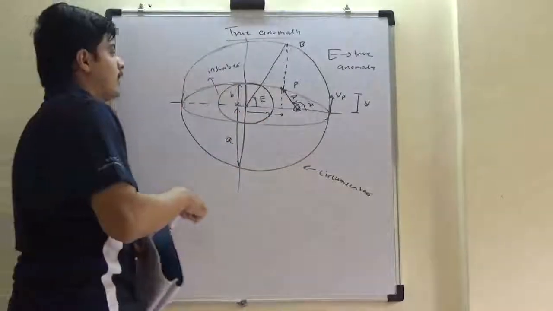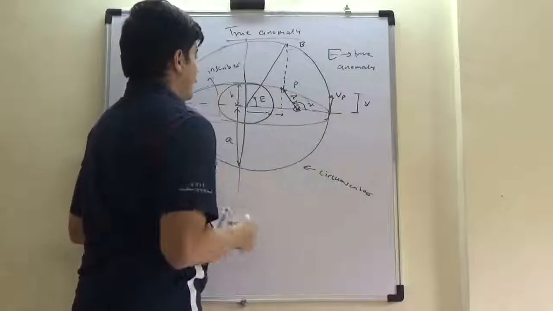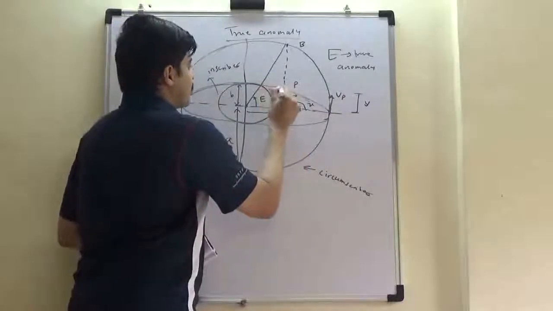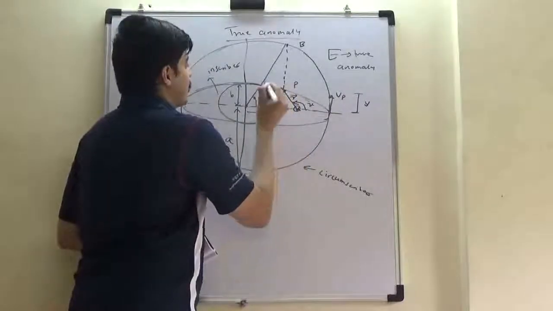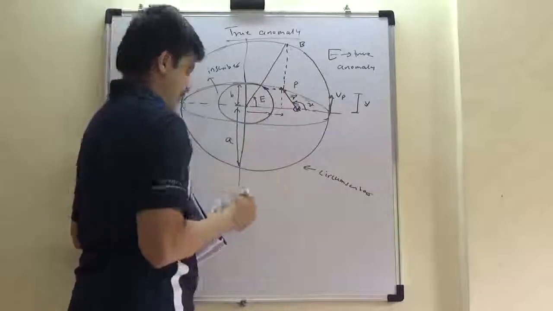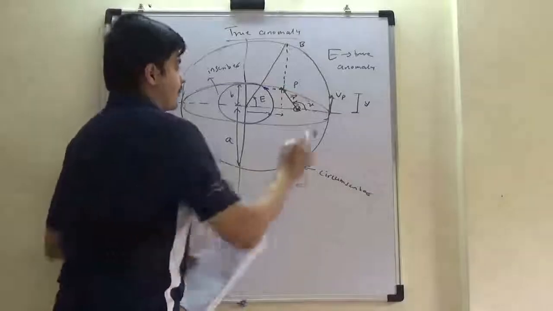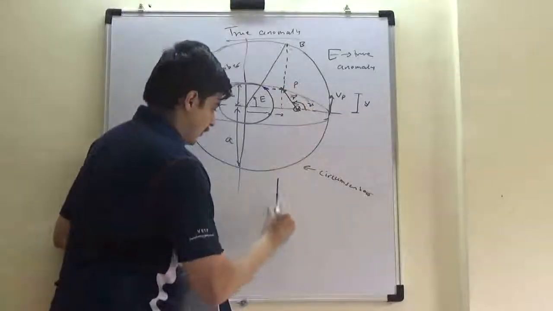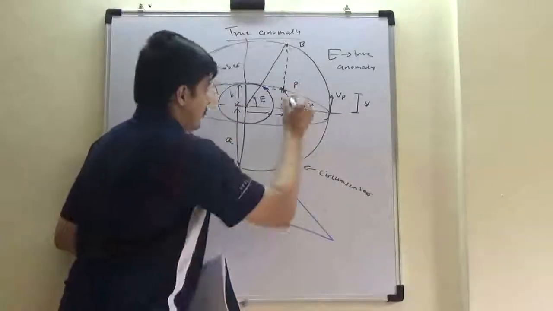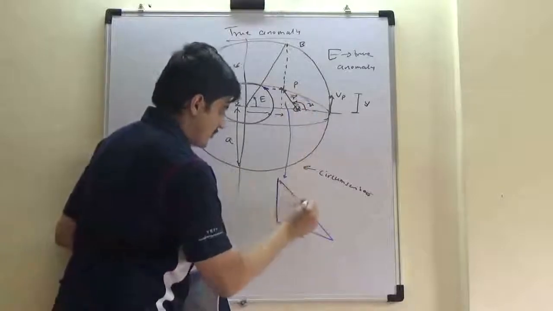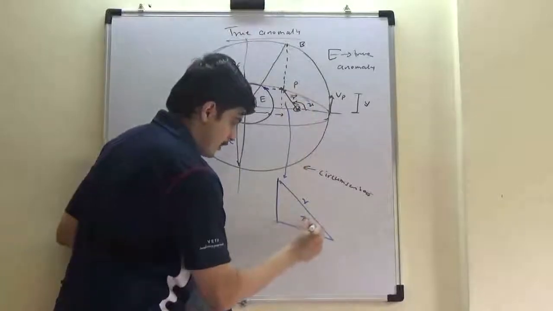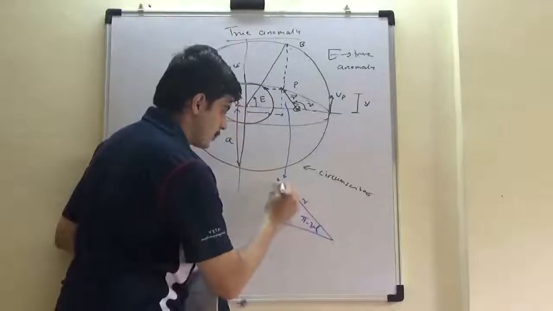In this circle now, this point is projected with the same height to lie here. Then what will be my relation? The triangle that I will draw from here would be, this is r, this angle is pi minus mu, because the anomaly is mu.